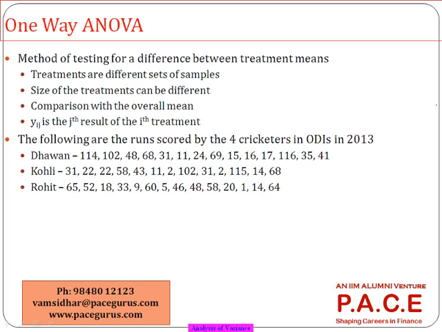If you see in the example here, I'm talking about three different cricketers. So the treatments are three different cricketers, and the runs scored by each of these cricketers are the various responses or observations of each of the treatments.